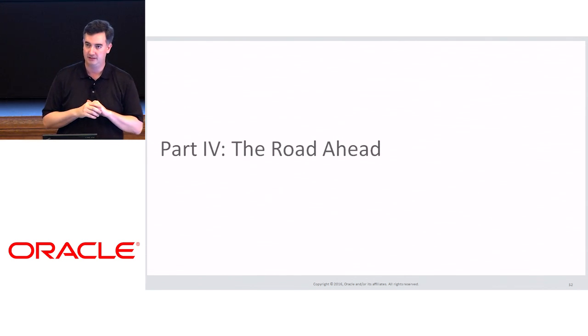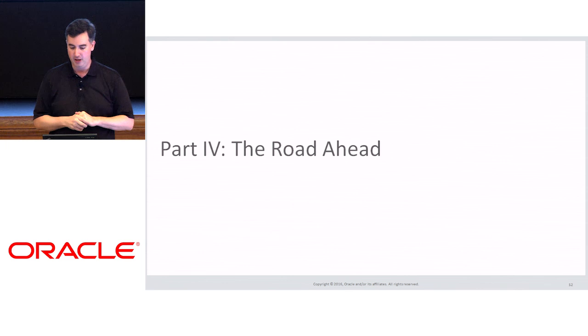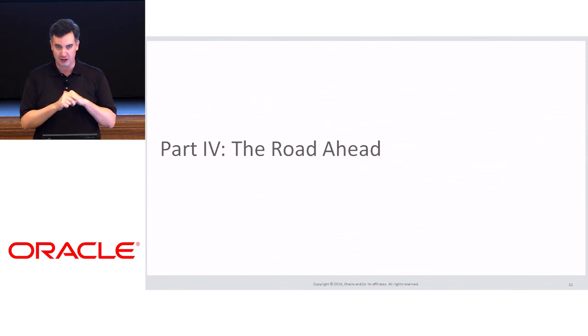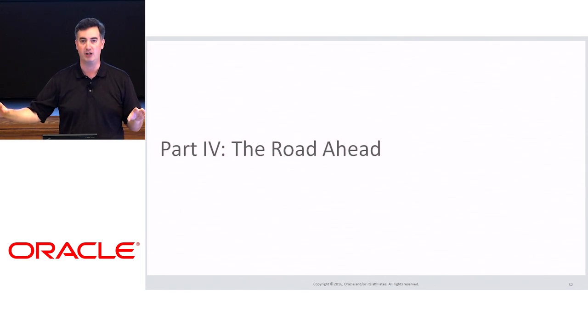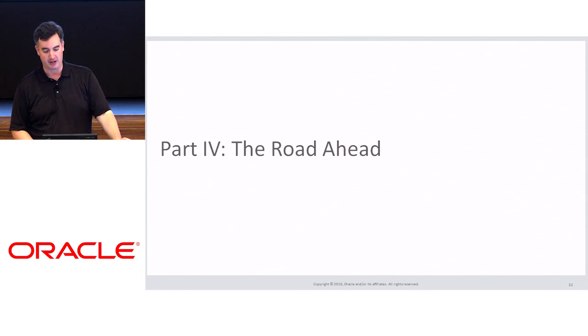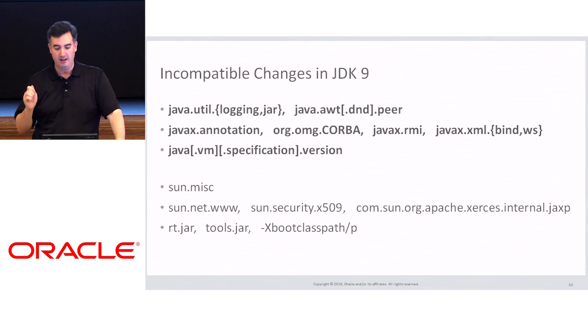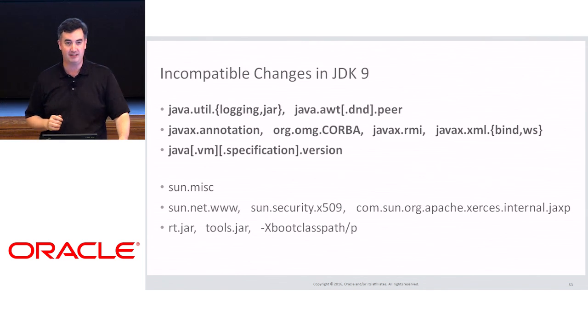There's still a long road ahead. Although the module system is conceptually simple, there are changes in JDK 9 that probably won't break user code, but might break framework code. I'd like to go through them quickly. There are 3 areas of incompatibility in JDK 9 connected with Java SE, the platform.